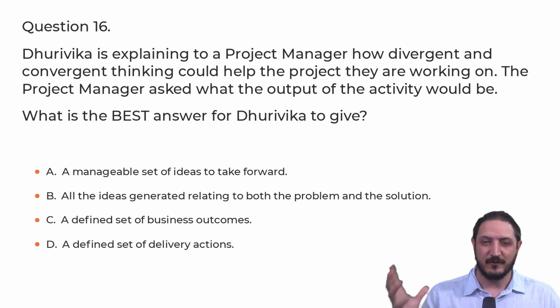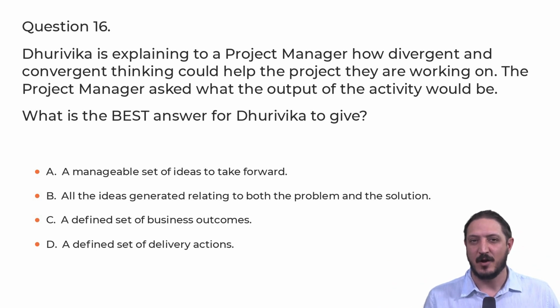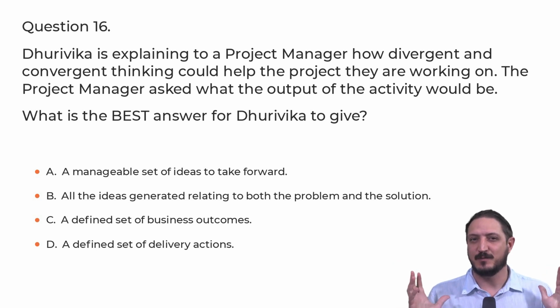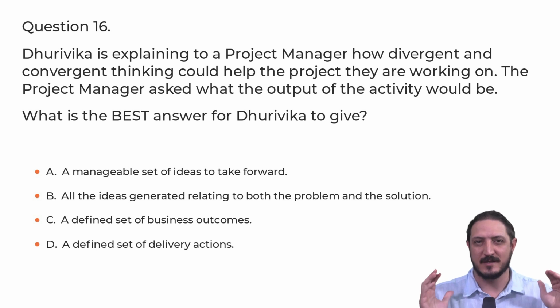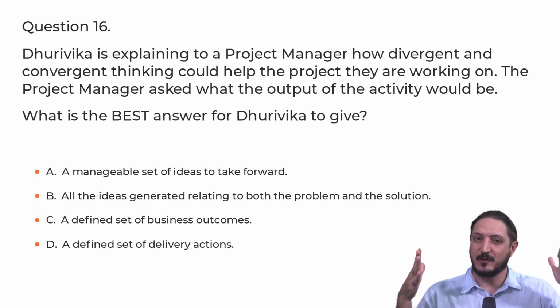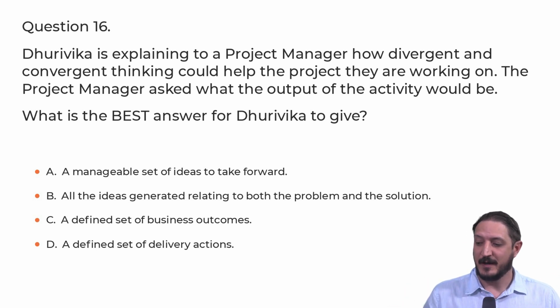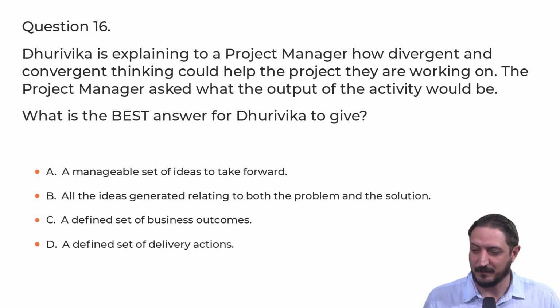But now convergent thinking is roping all of these ideas back in. It now starts putting more control on this thought process so that we can start focusing in on the ideas that actually work, that are viable, and what really is going to improve the business or solve this particular problem.